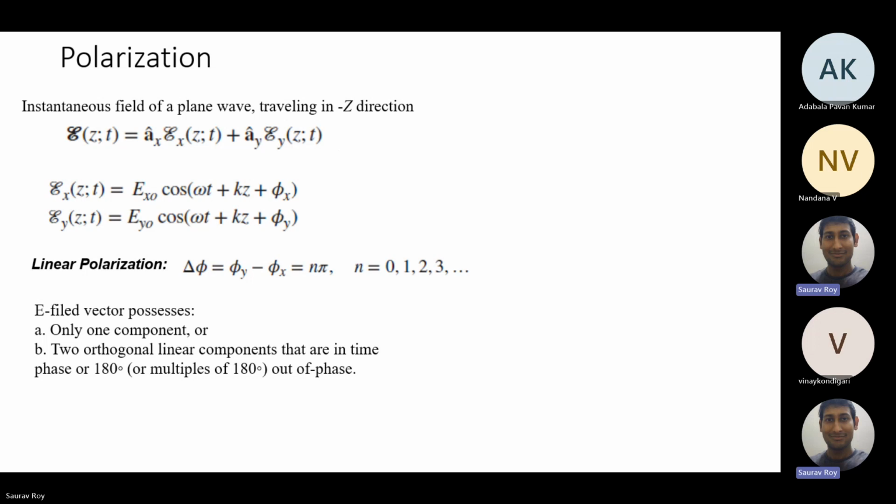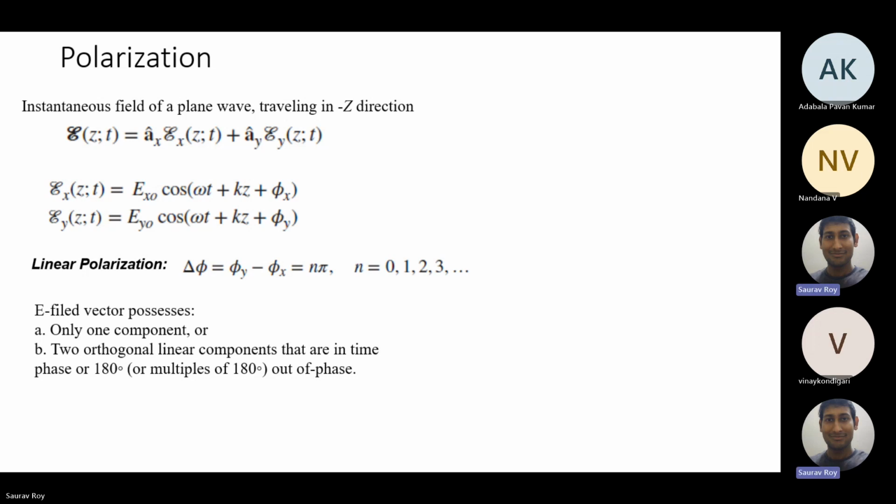So we have a wave propagating in the Z direction with two components, X and Y, and based on that we will try to understand whether it is linear or circular or otherwise. How can we define the X component? Multiple times we know that a propagating wave can be defined as cos(omega t plus kz plus phi x).